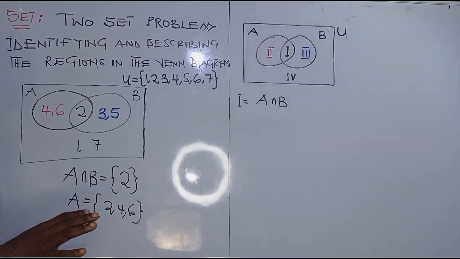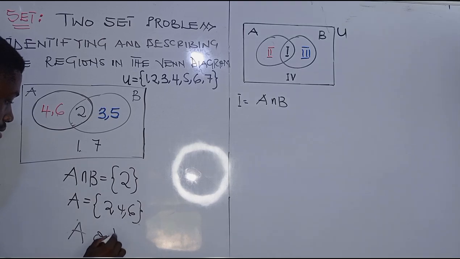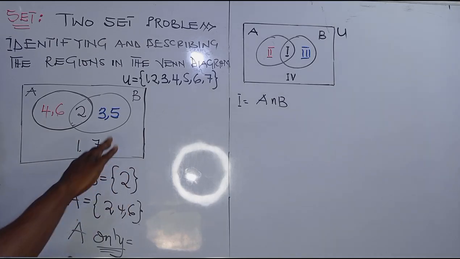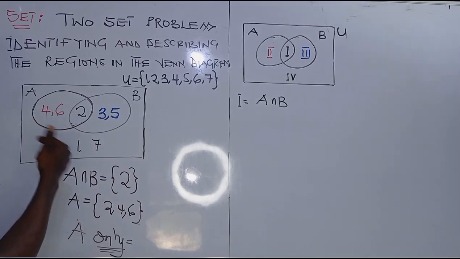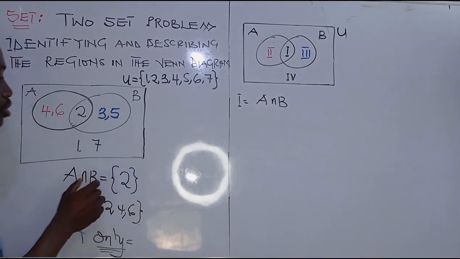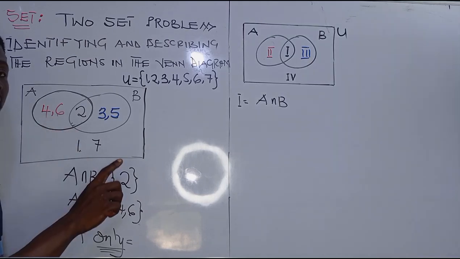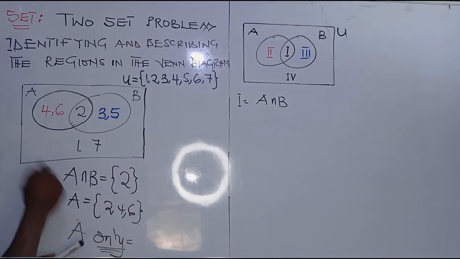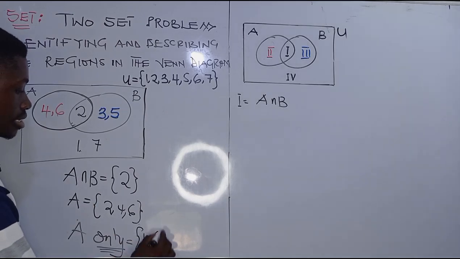Also, if I ask you to list the elements for A only, the keyword is what? Only. Meaning that you don't want any element which belongs to B to be part of A. So we call that A only. If you look at this diagram and I ask you to list the elements for A only, I believe you say that the elements for A only are 4 and then 6.